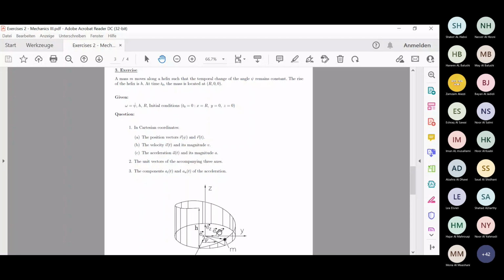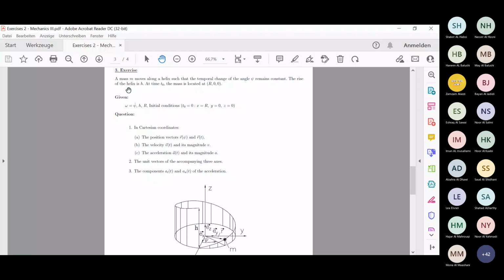That means we assume that xi dot is constant. The pitch of the helix, the size of the helix, is h, this distance here, and at time t0 the mass is located at r, at this position here, and y and z are equal to 0.